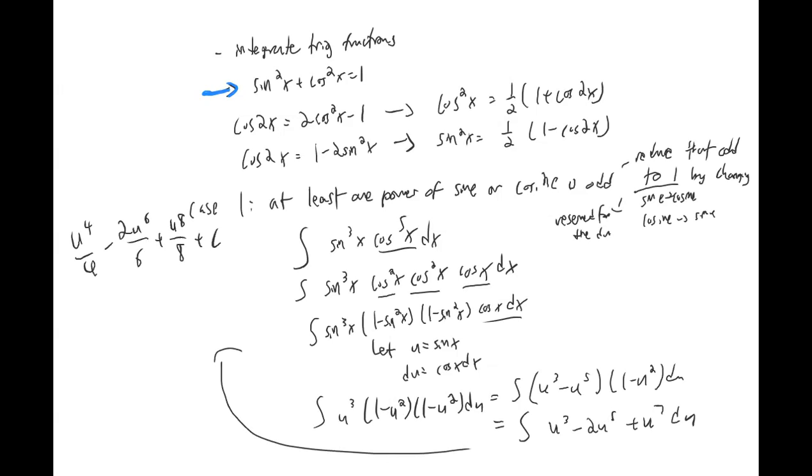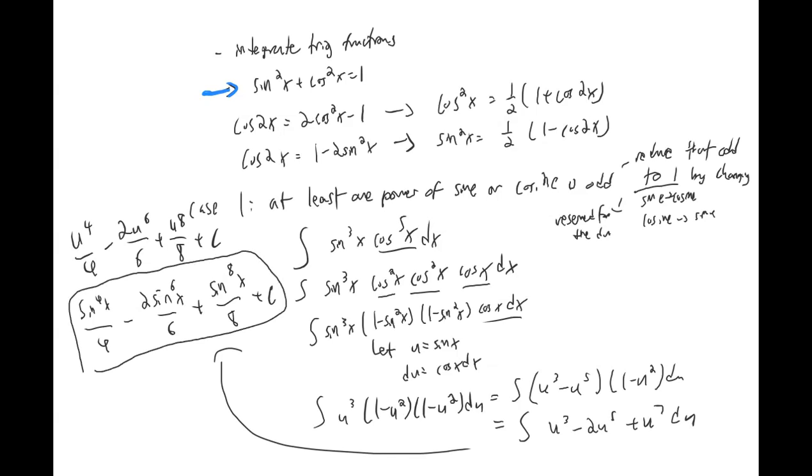From here, we replace back what u was. So sine to the 4th x over 4, minus sine to the 6th x over 6, which is 1/3, plus sine to the 8th x over 8. Let me rewrite this nicely.